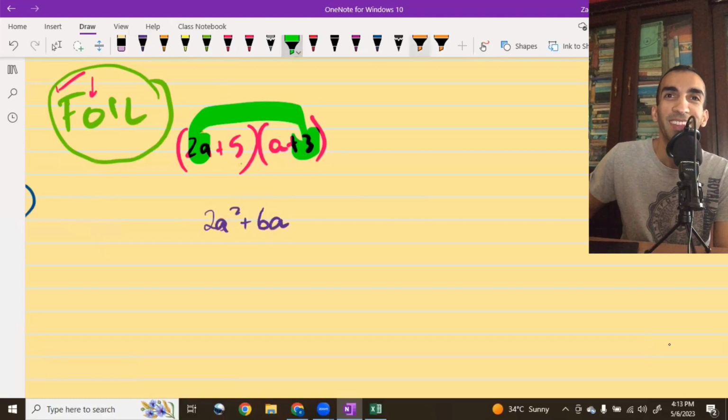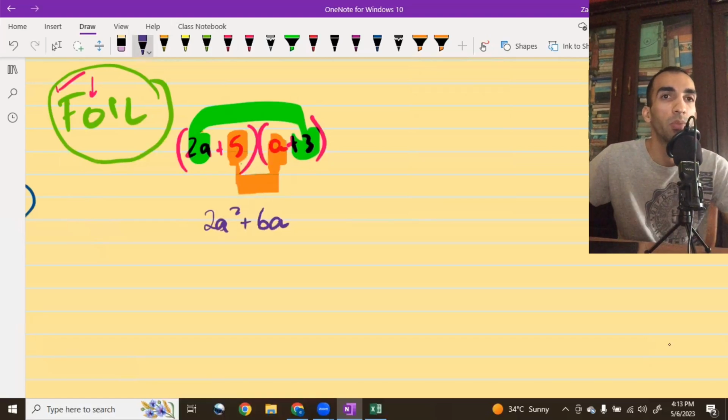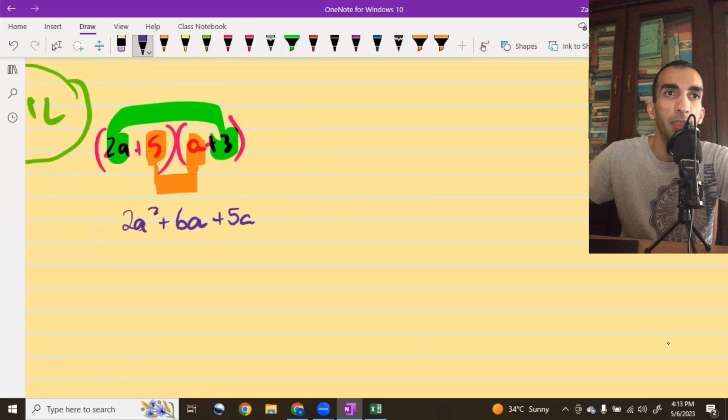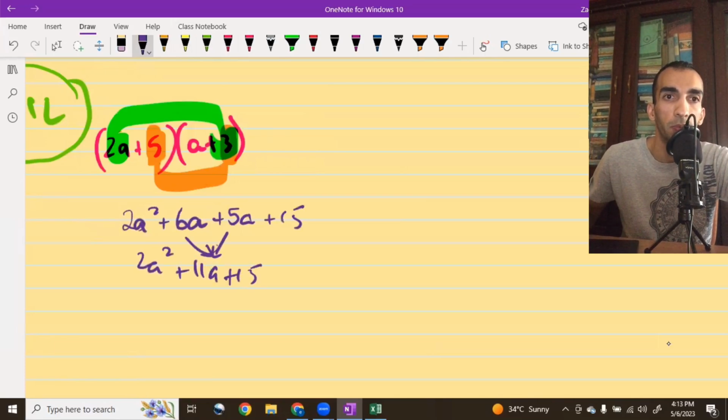Now the second term gets multiplied with the first term of the second bracket. What does this give us? Just 5a. And then repeat the process with the second term. Just 15. You're going to combine these two together. This will become 11a plus 15.